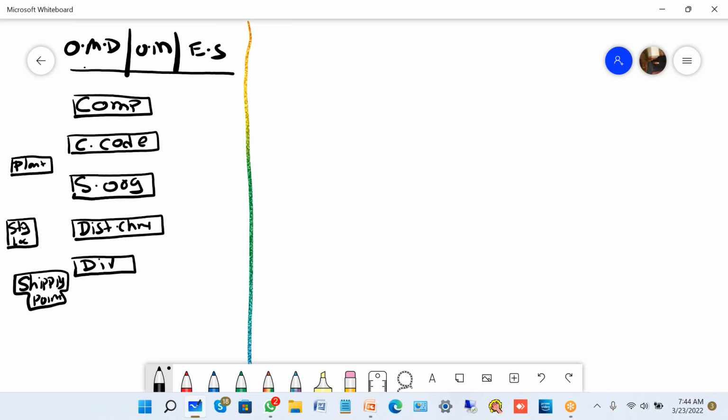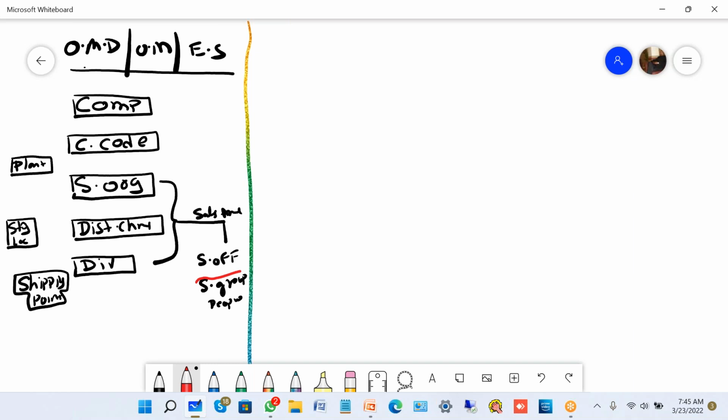And here, the combination of sales organization, distribution channel and division forms your sales area, connected to sales office, and sales group, which is all about people.